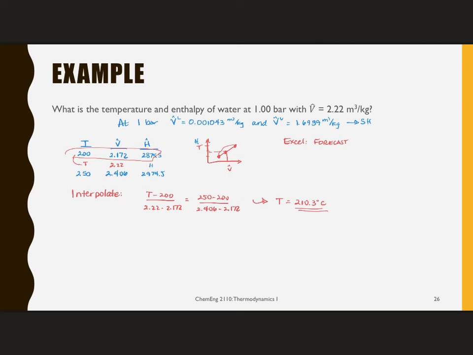In that case, H minus 2875.5 over 2.22 minus 2.172 is equal to 2974.5 minus 2875.5 all over 2.406 minus 2.172.